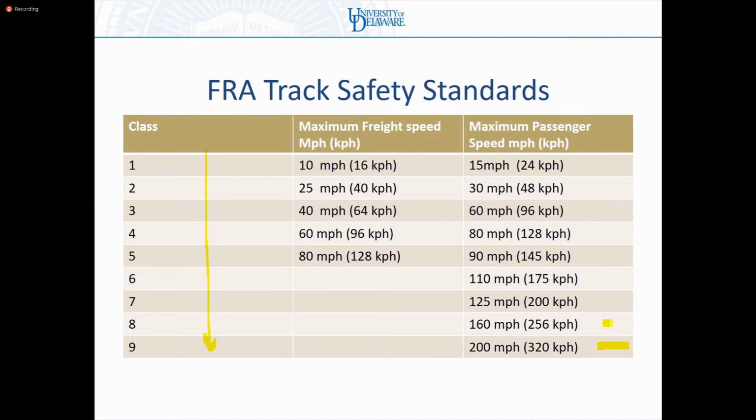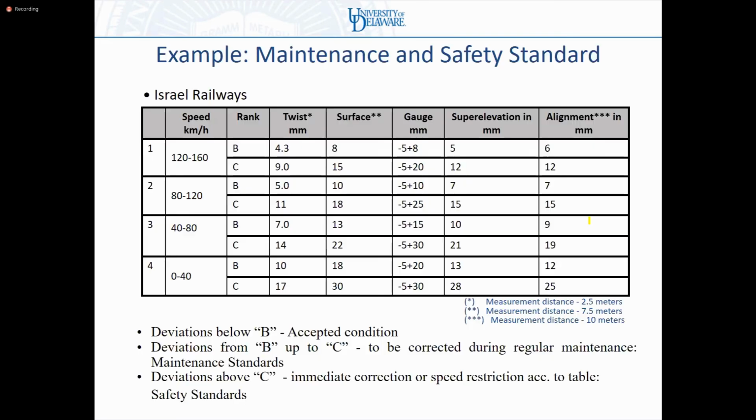But we do have track in this range because we do run this fast. And we have track in this range and this range. So basically 0 to 24 is class 1, 24 to 48 is class 2, 48 to 96 is class 3, etc. That's how the US does it.